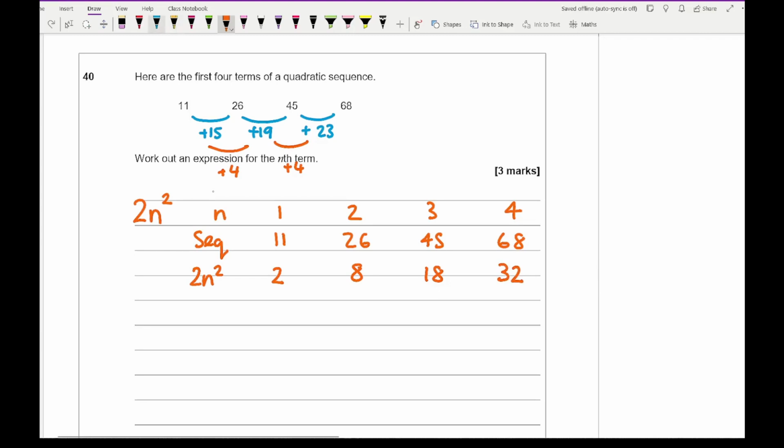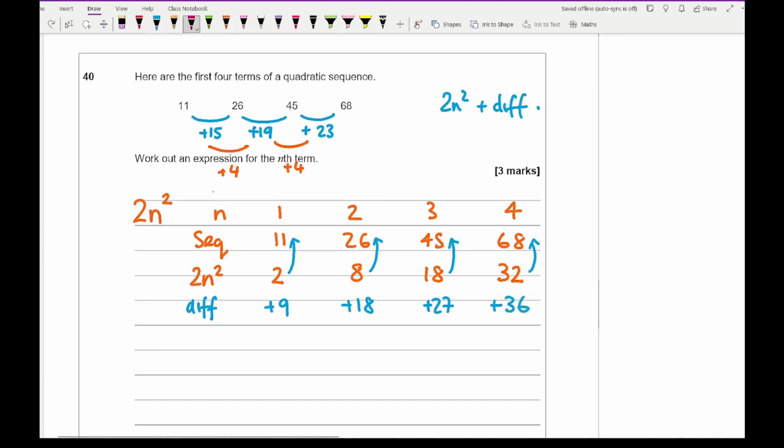Now the next thing I then need to do from this is to work out what the difference is going to be. So here if I work out the difference, the nth term is going to be 2n squared plus whatever the difference is going to equal. So here the difference to get from 2n squared to 11 is plus 9, then it's plus 18, then it's plus 27, and then it's plus 36.